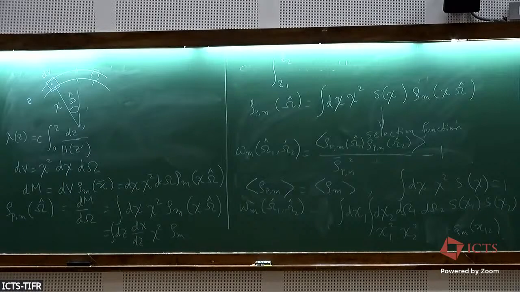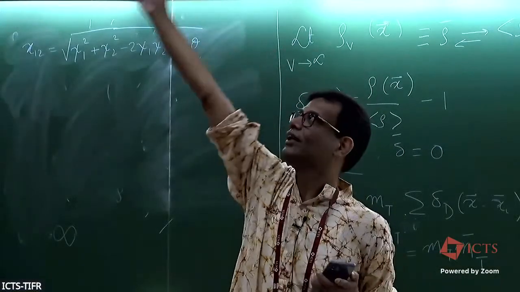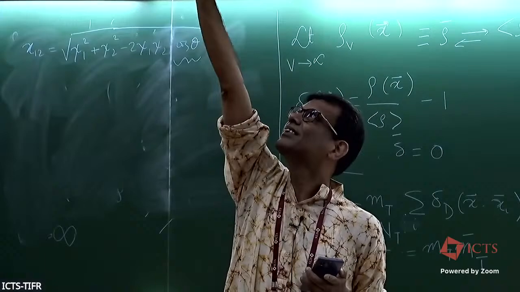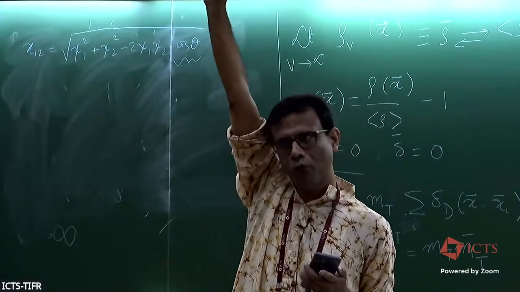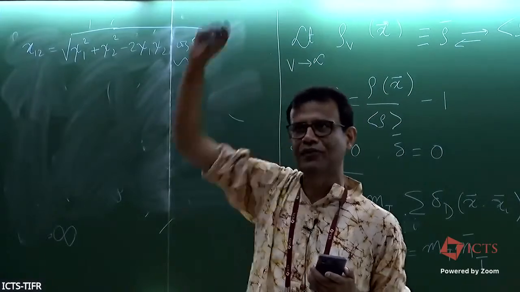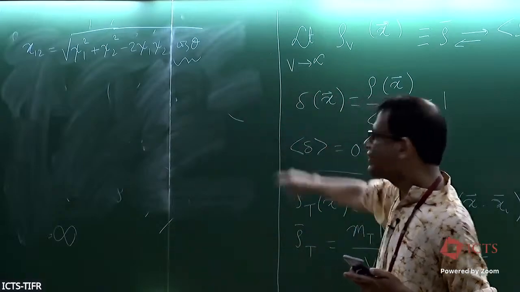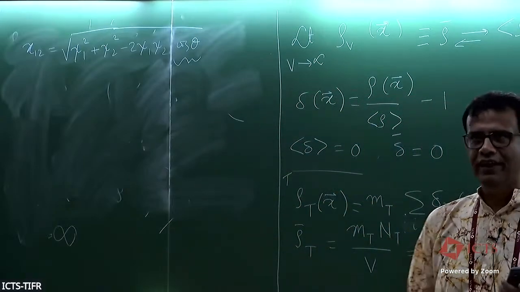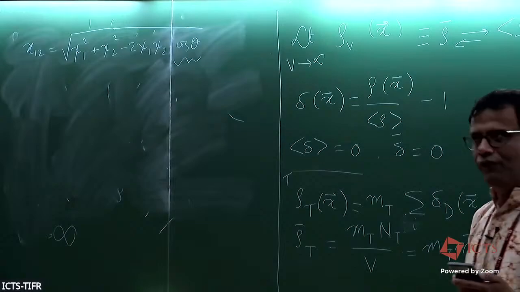So this cos theta can be replaced by 1 minus theta square by 2. This is what is known as the flat sky approximation. So you are not worried about the curvature of the sky. You are just in a small patch where you can almost set up Cartesian coordinates and work with that. So all these trigonometric functions will go away and things will look quite simple.